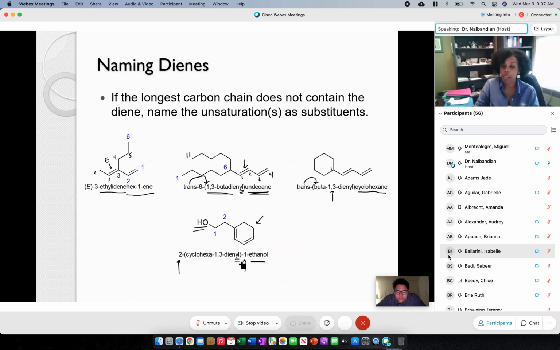It's a substituent, and if we call this 1, 2, 3, 4, then the double bonds are between carbons 1 and 2 and 3 and 4. Questions on any of these?